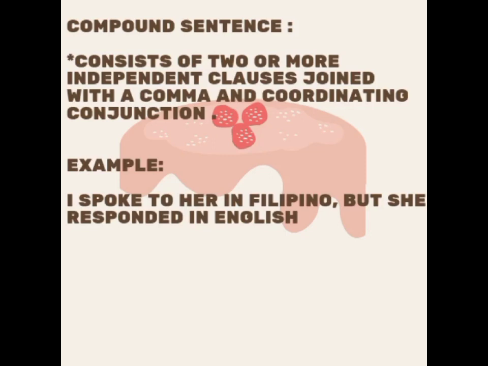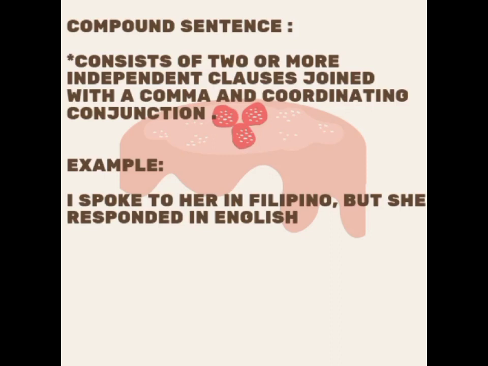F stands for for, A stands for and, N stands for nor, B stands for but, O stands for or, Y stands for yet, S stands for so. So you should remember the word FANBOYS.